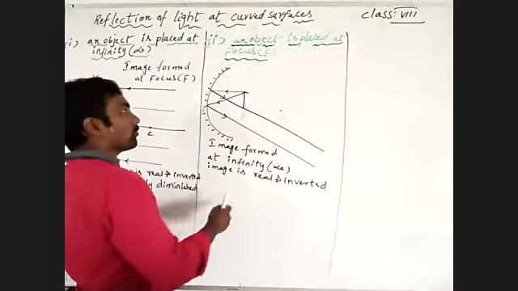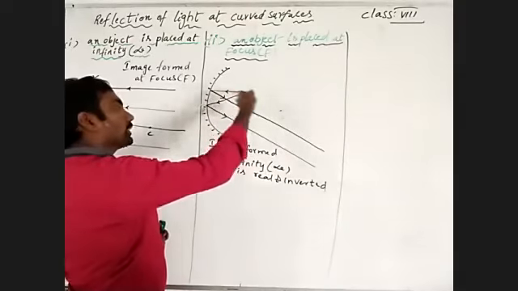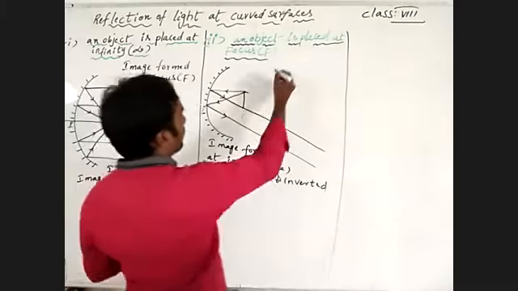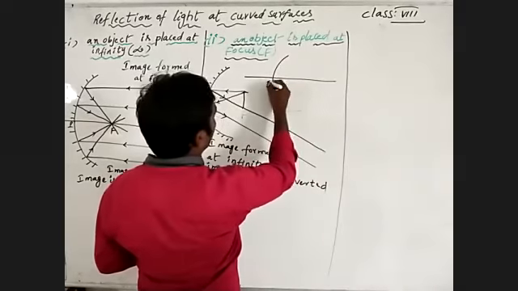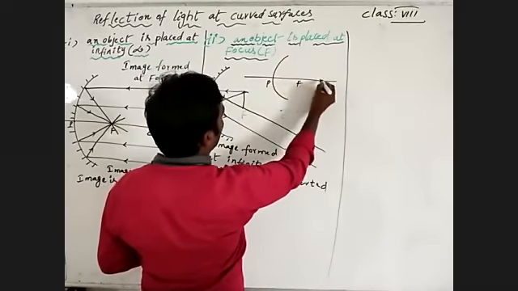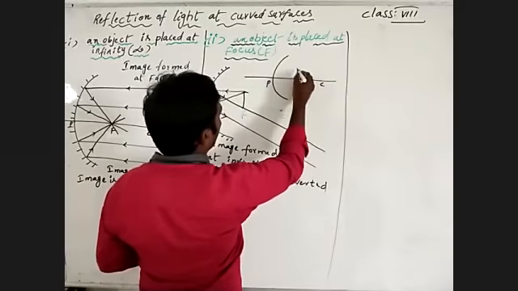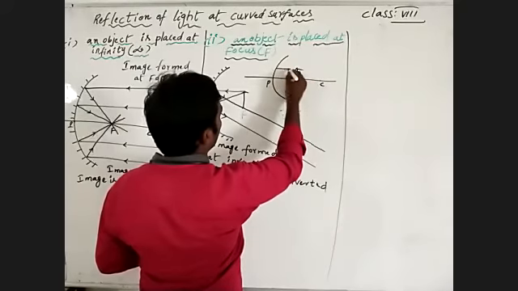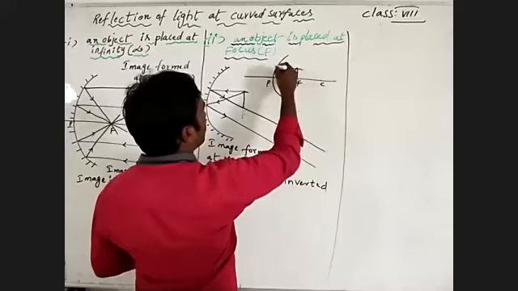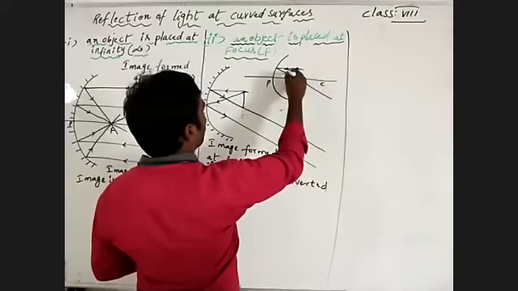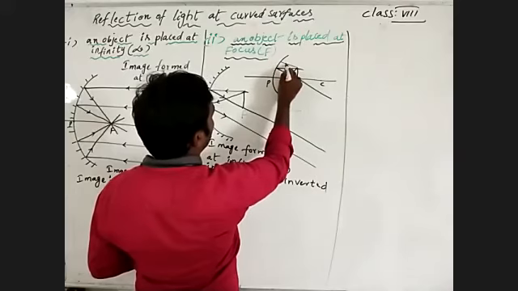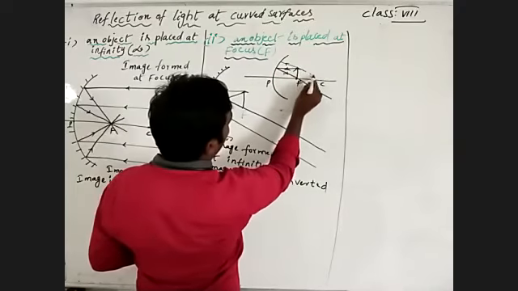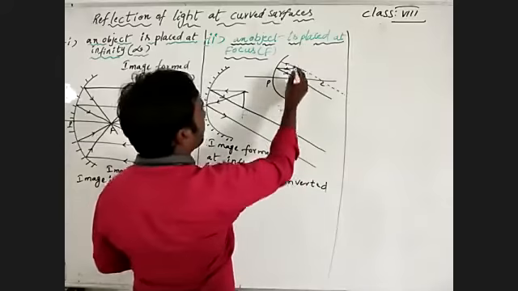Now let me make one more small drawing for you: pole, focus, and center of curvature. I place the object at focus. One parallel light ray takes reflection through the focus. Another ray passing through the center of curvature gives reflection along the same path.